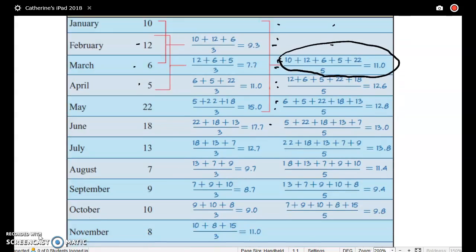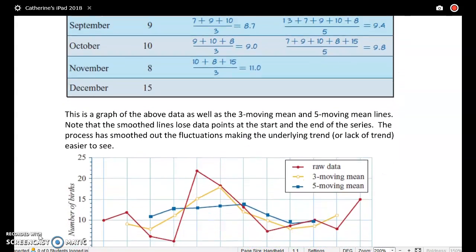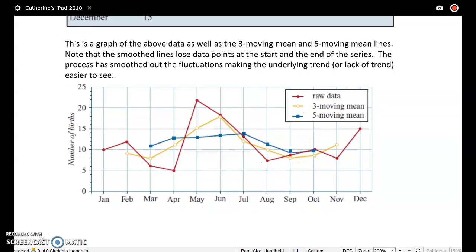So you can see with the time series plot here, the red is the original, the yellow is our 3-point moving mean data, and the blue is the 5-point moving mean. We can see that yes, there's some data missing at the start and the end.